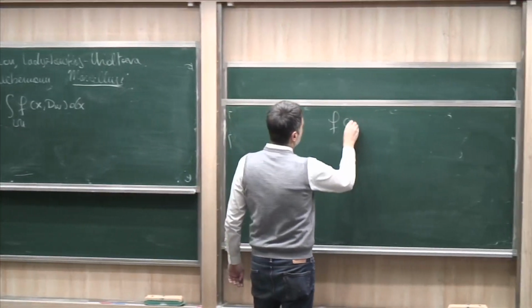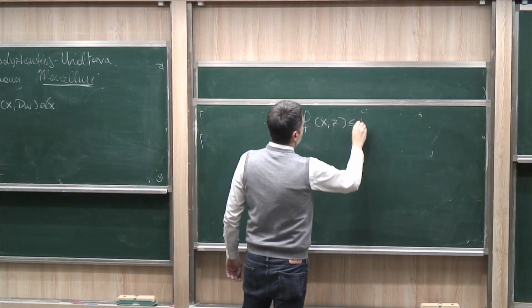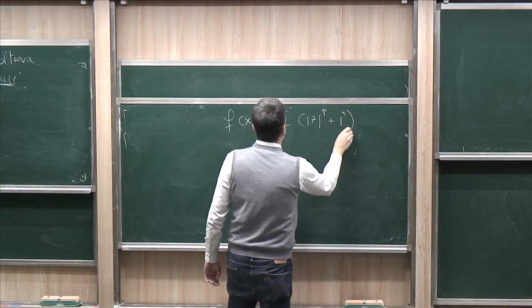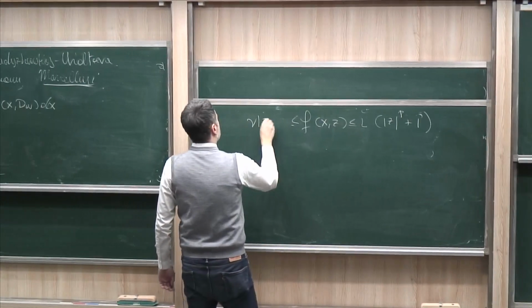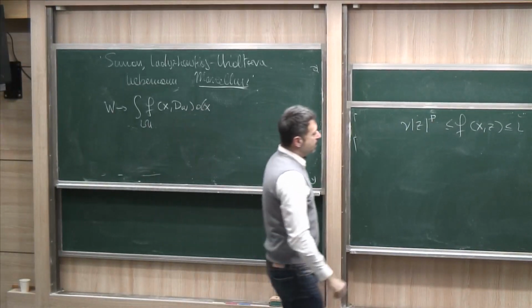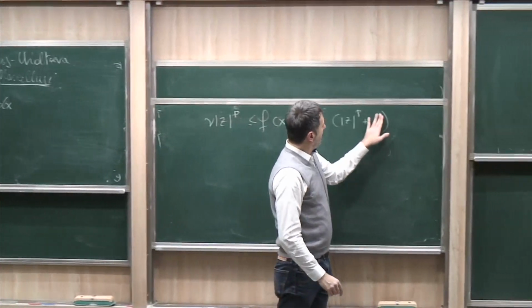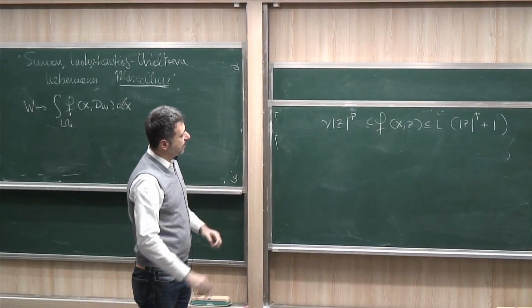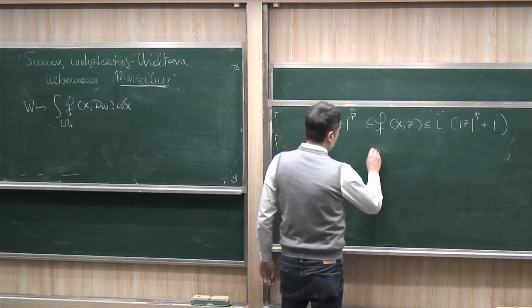We have growth assumptions, like |z|^p plus 1, |z|^p. And we had to prescribe also the growth with respect to the lowest and the highest eigenvalues, which are the following ones.